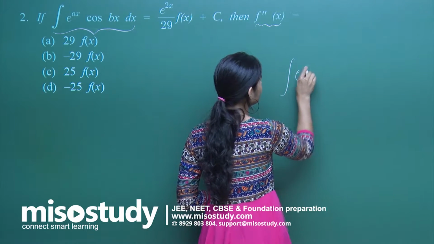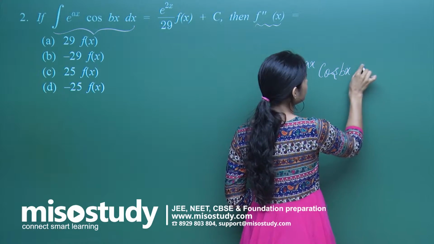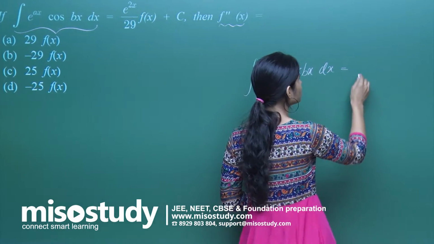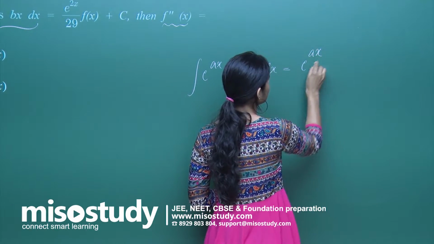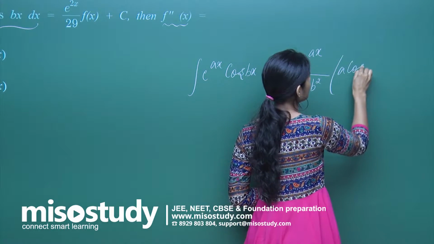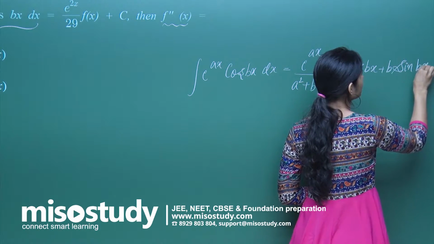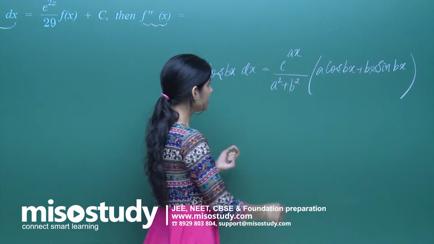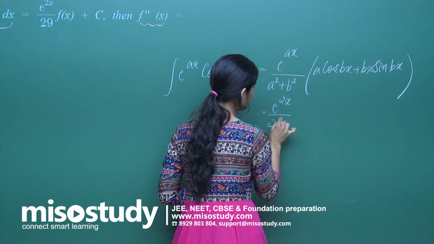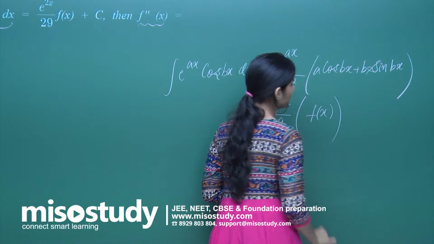We know that integral e to the power ax cos bx dx is actually equal to e to the power ax upon a square plus b square, times a cos bx plus b sin bx. But this has been given equal to e to the power 2x by 29 f x plus constant of integration.